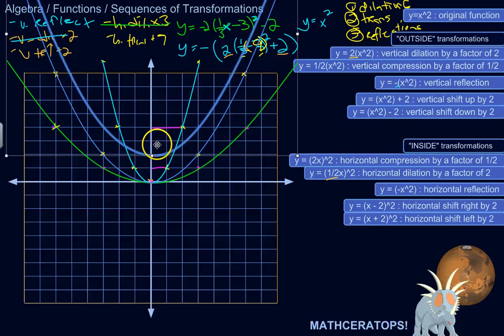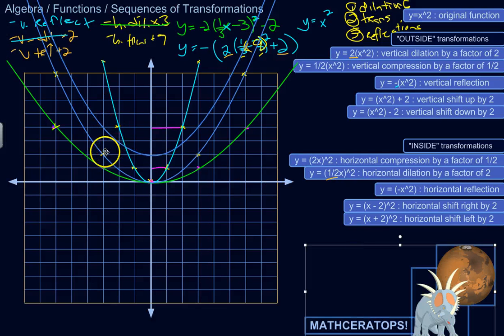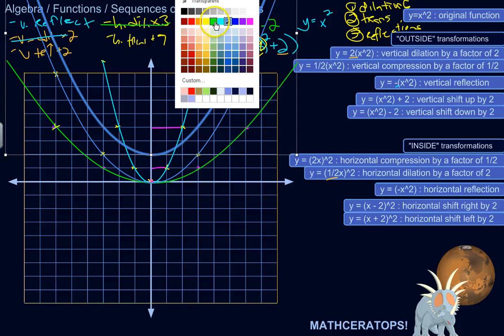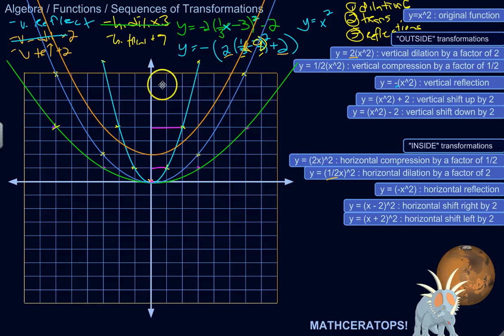I was moving it because I think I accidentally moved it horizontally too. So this point went from here plus 2, here plus 2. Let's make that a different color. So that's our vertical translation.